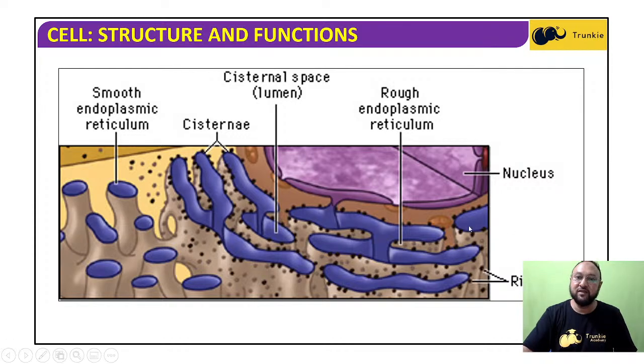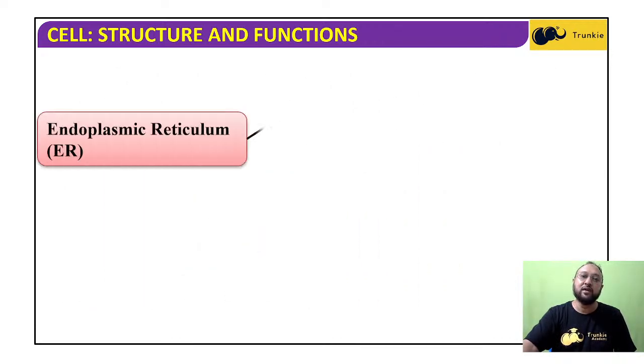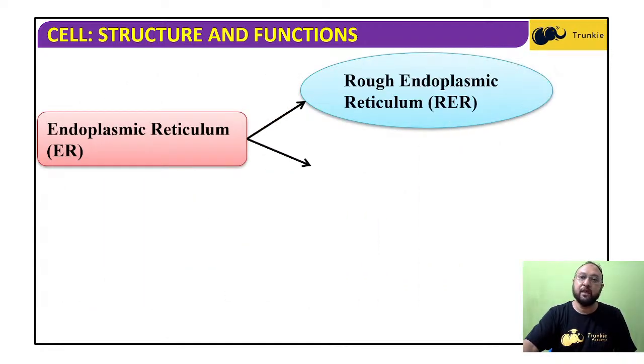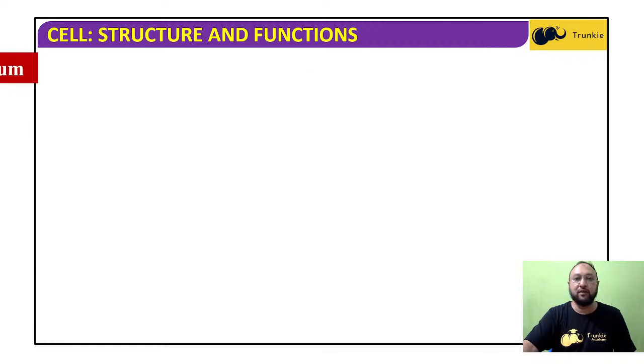The rough endoplasmic reticulum is here, the nucleus is this side, it is attached to the nucleus, and the ribosomes are attached. This picture is mainly to show the cisternal space, the lumen. This is one compartment, and outside this is the other compartment, the cytoplasm. Rough and smooth endoplasmic reticulum, I have already told you.